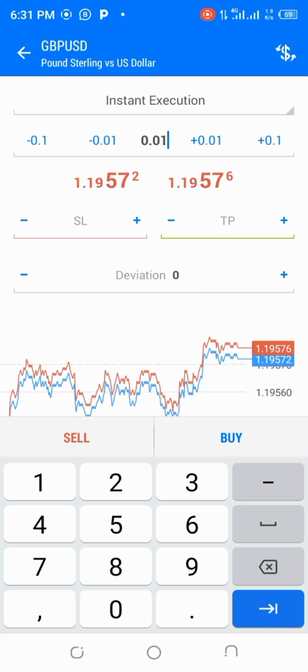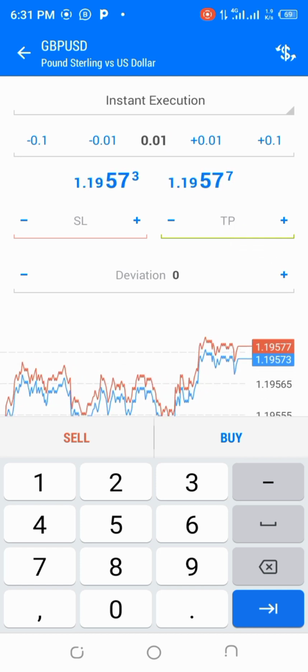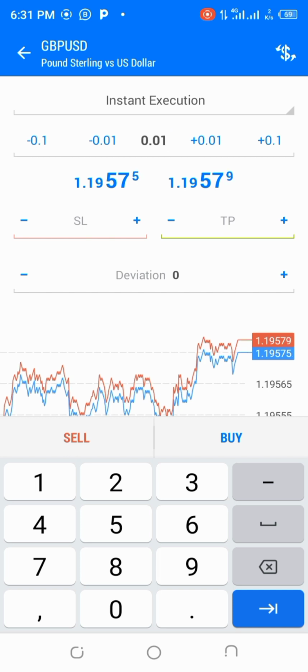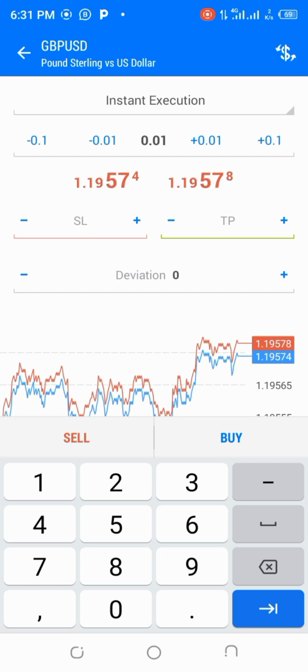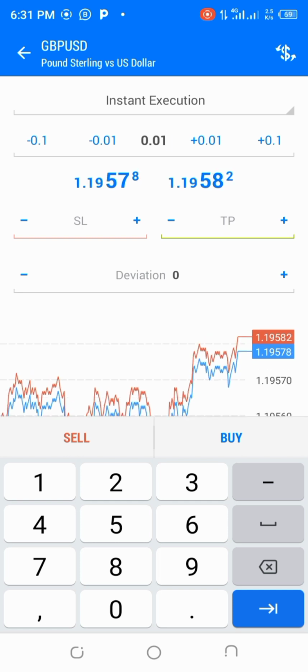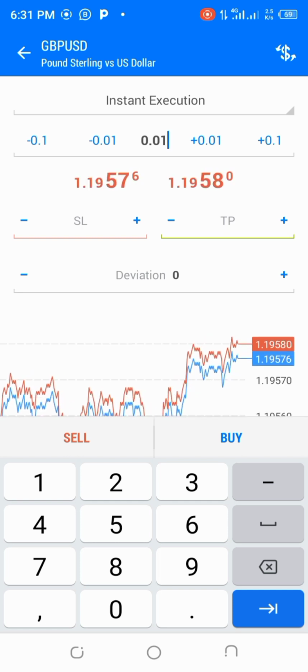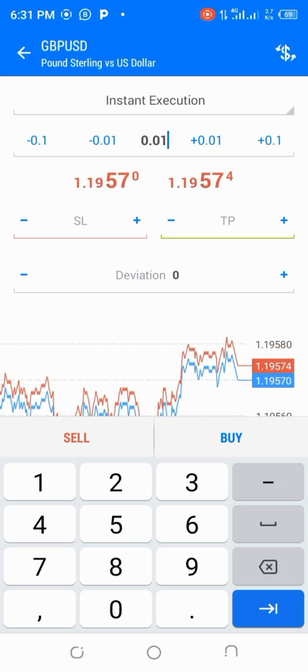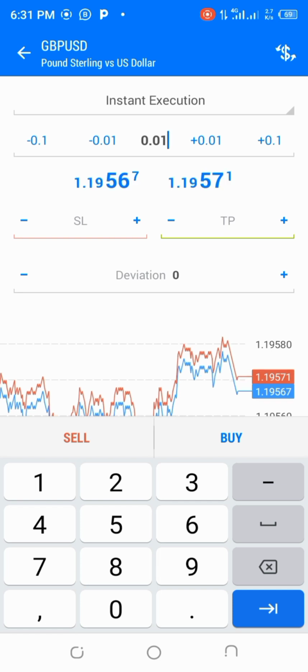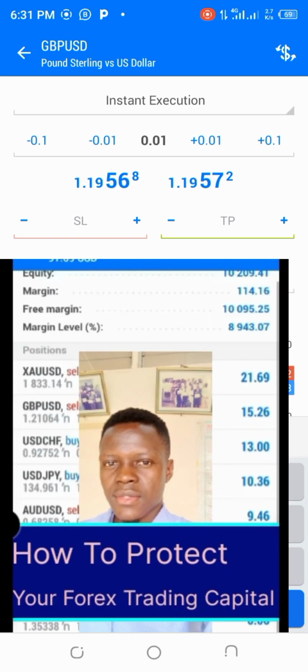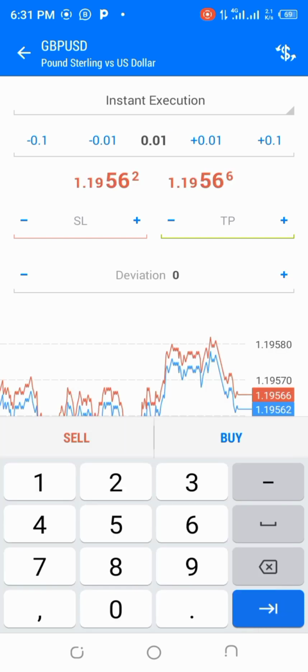Now, if we are based on this lot size and we are trading forex, we can have any amount in our capital, be it $100, $1,000, or $300,000, whatsoever. If we want to risk, let's say, $10, let me take the analysis of $10.